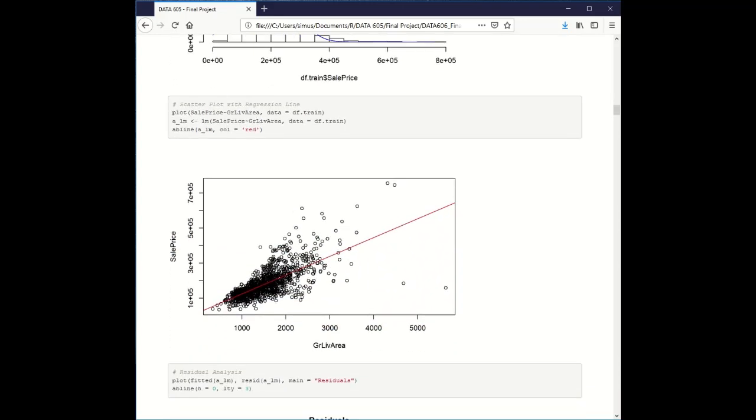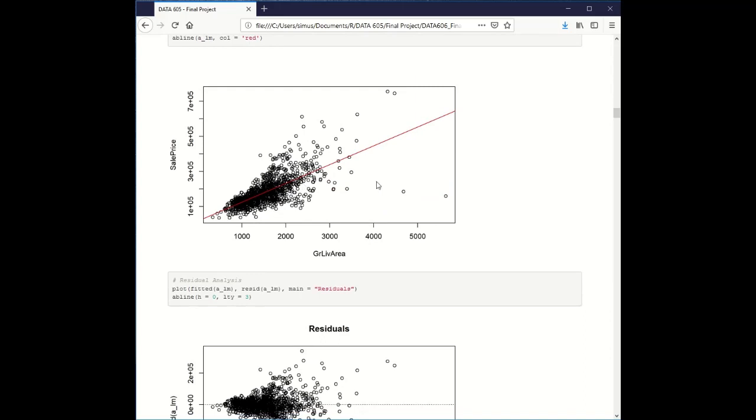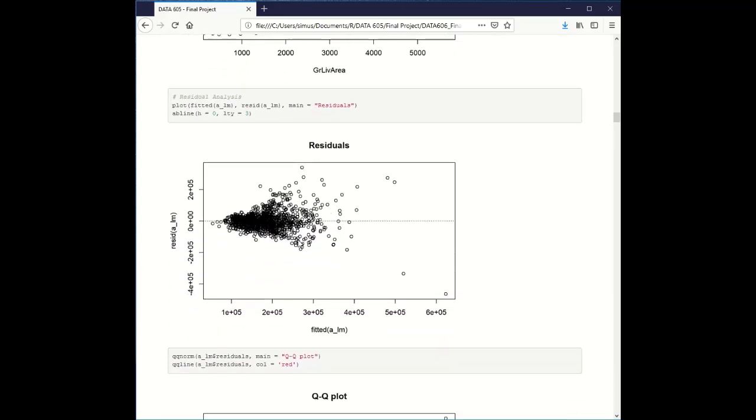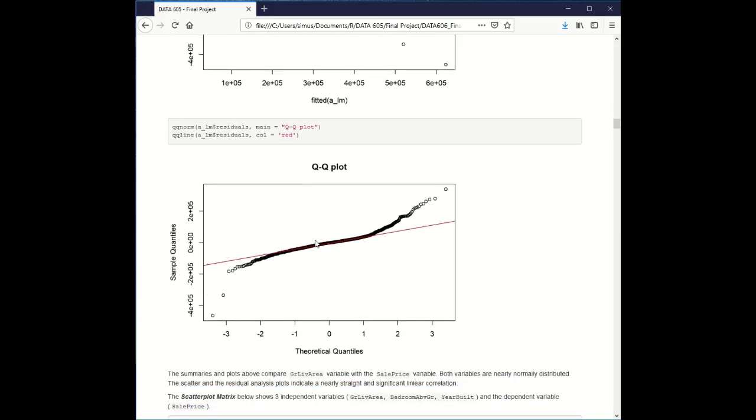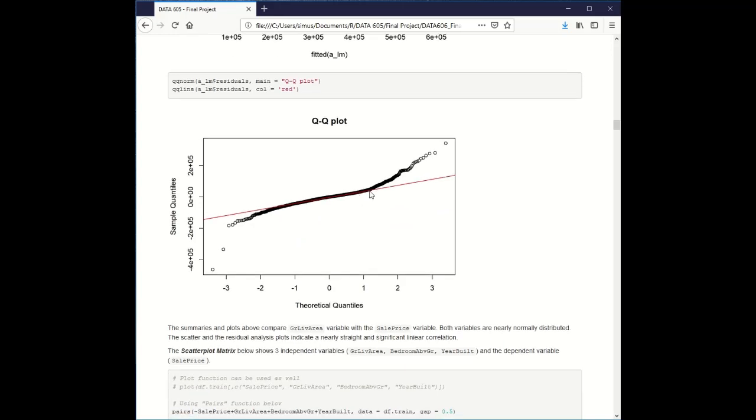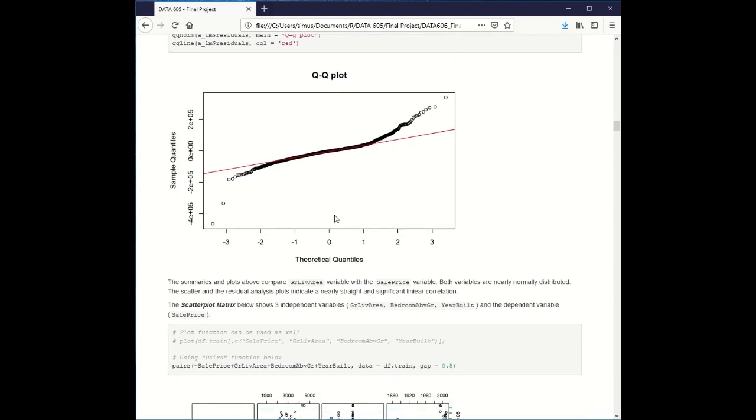And finally I check whether there's a linear correlation between the two variables. Here I present the scatter plot with the regression line, and the residual plot followed by the QQ plot, which essentially indicates that there should be a pretty strong linear correlation between the ground living area and the sale price. So I expect the ground living area to be a good predictor for the dependent variable.